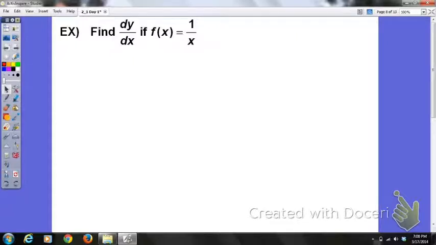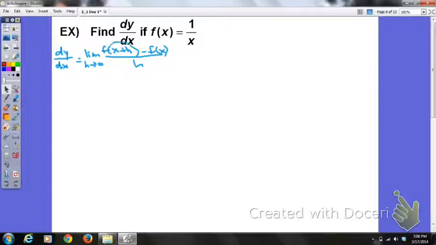So, dy dx is equal to the limit as h approaches 0 of f of x plus h minus f of x over h.